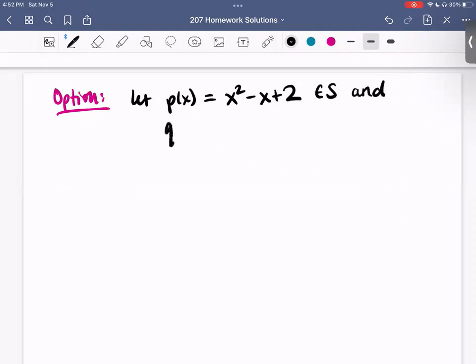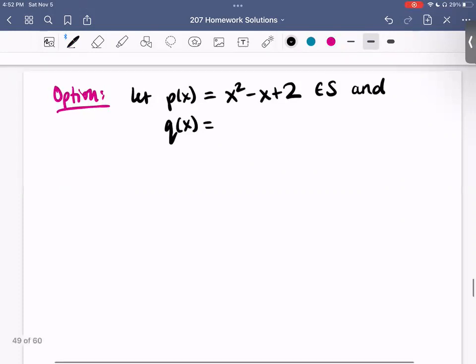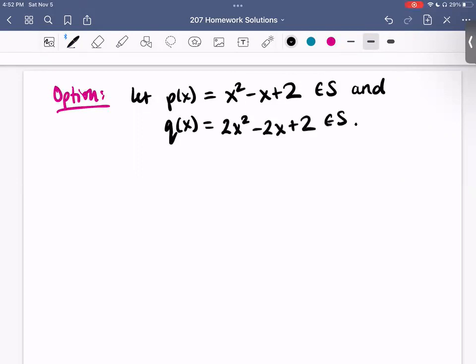And let's consider Q of x. We have to pick another element of S. So let's say 2x squared minus 2x plus 2. That's also in S. Then I want to look at the transformation of P plus Q, and I want to see if I end up with something in S. If I don't, then S is not closed under addition.